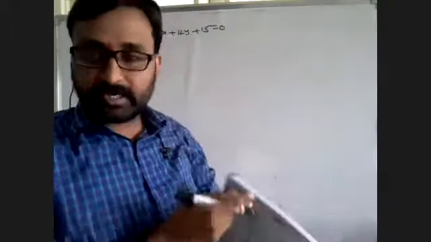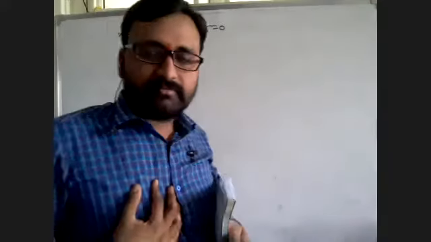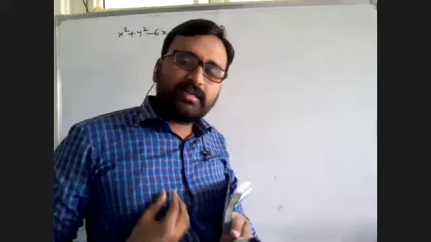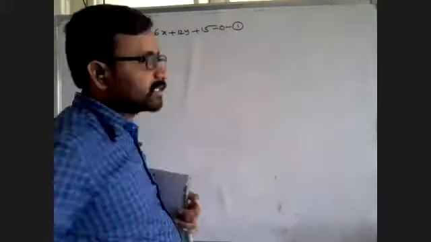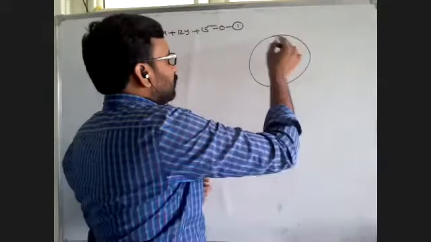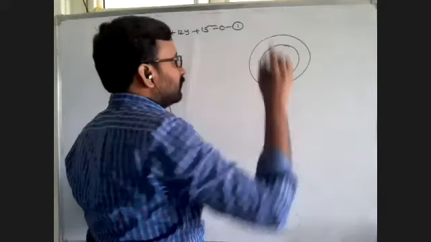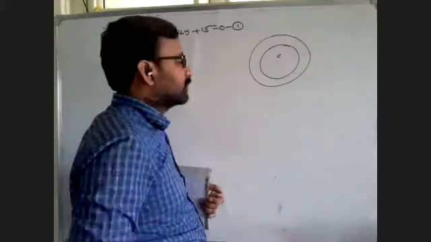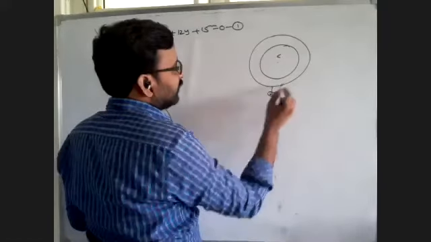We have to find one circle equation. That circle is concentric with this circle. This circle is given and this is the center. We have to find circle 2 given circle 1.